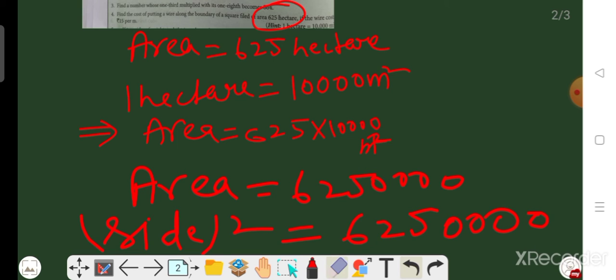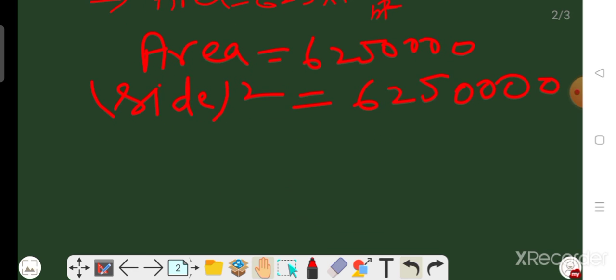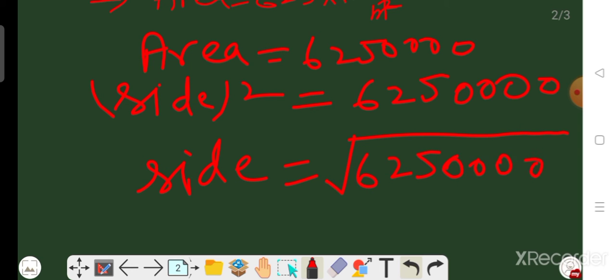To find the side, what we have to do? We have to find the square root. So from here the side of the square field is equal to the square root of 625 0 0 0 0.